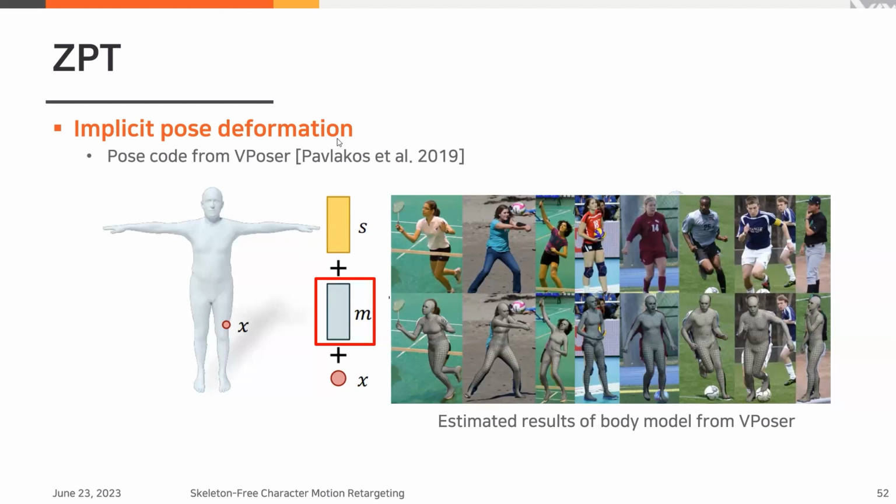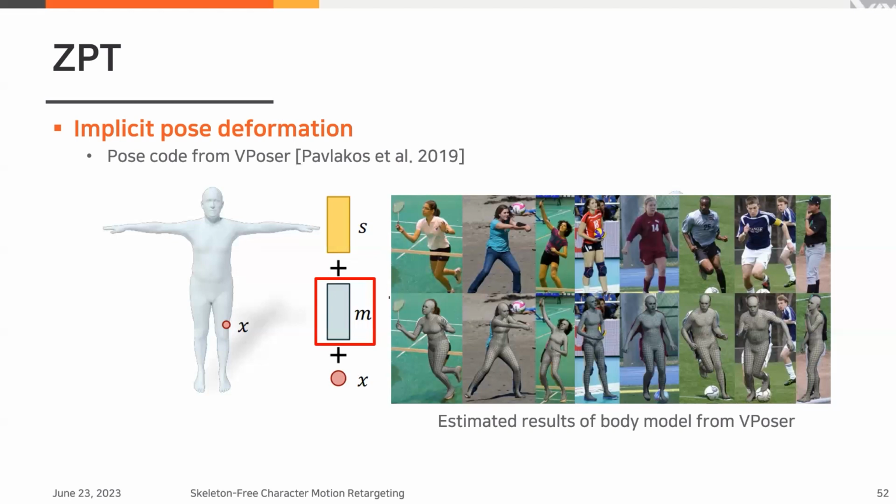Why is this method called zero shot? So they use a widely used mesh like the SMPL model for the training, and they just deal with the stylized models at inference, not at training.